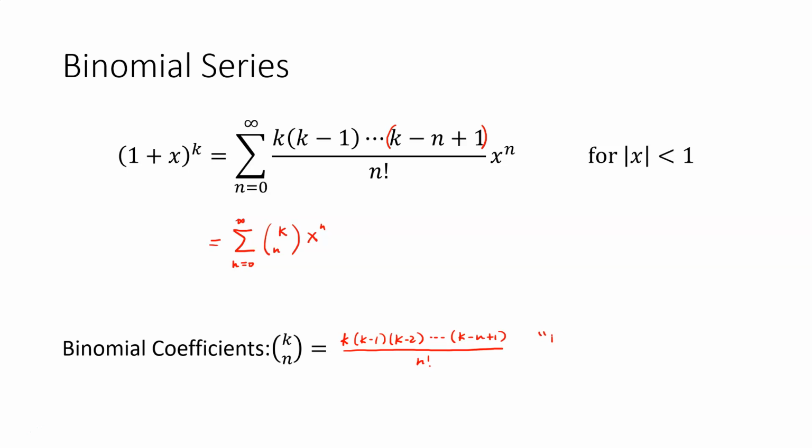We say k choose n, which mostly comes from when k is an integer, where this is a counting formula used for the combination formula. But here we're using it as a more general version where k can be any real number. Of course, n has to be an integer, but k can be any real number.